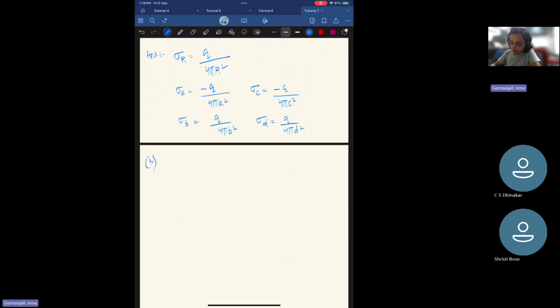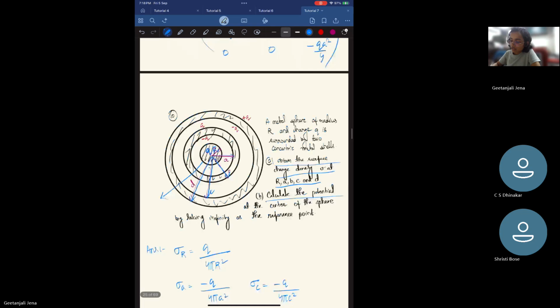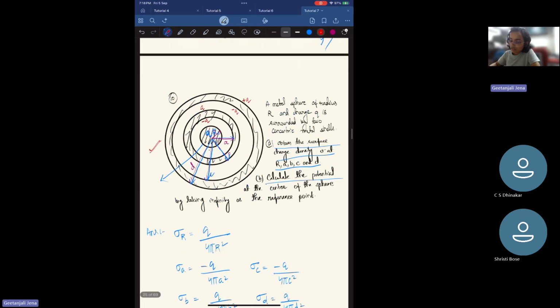Let us see the potential. So potential is nothing but the integration from infinity to 0 of E dot dl. So infinity to d, and what will be the electric field in this region?